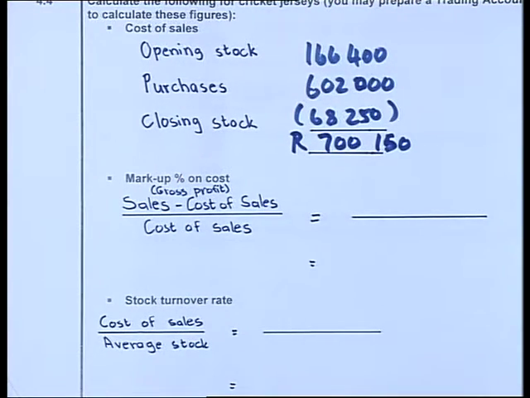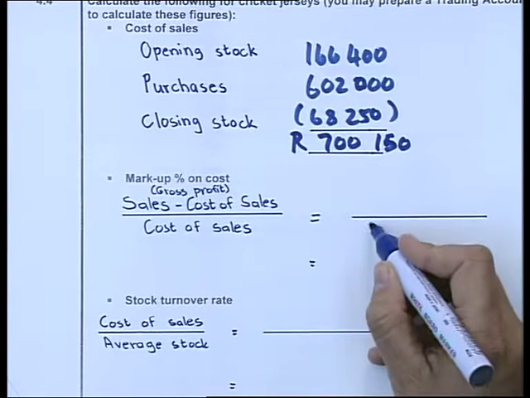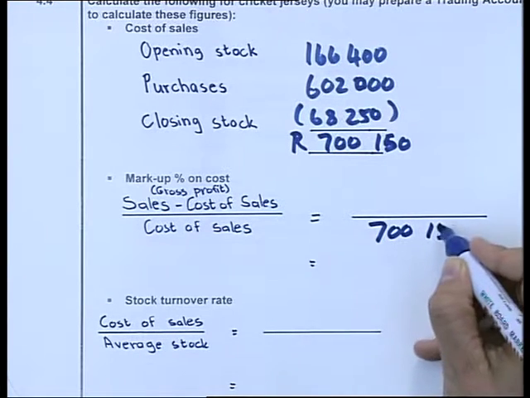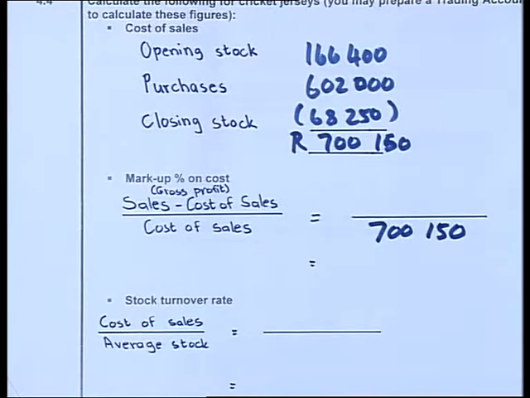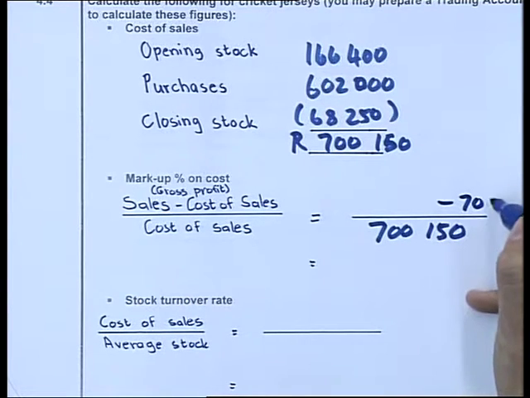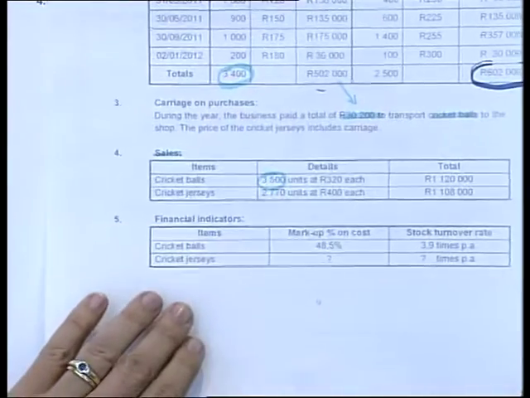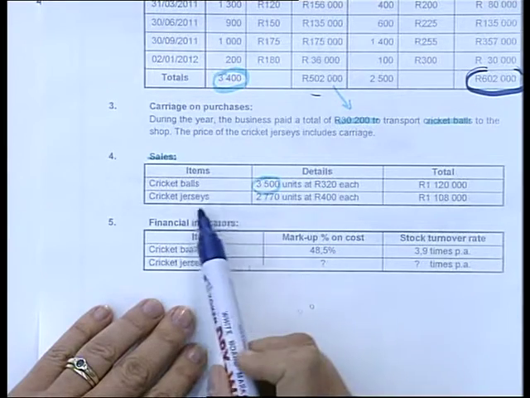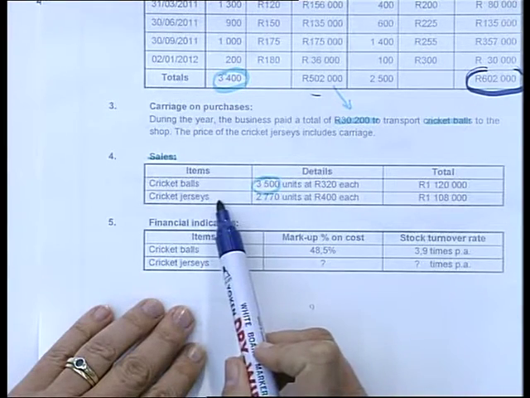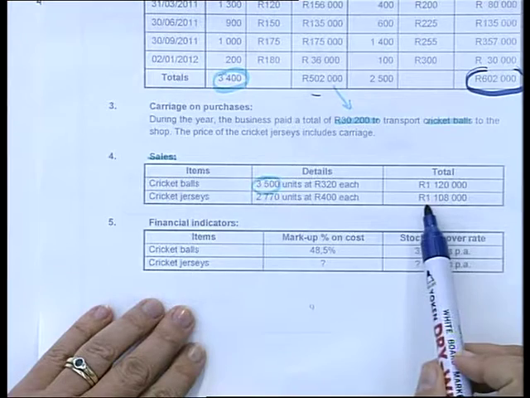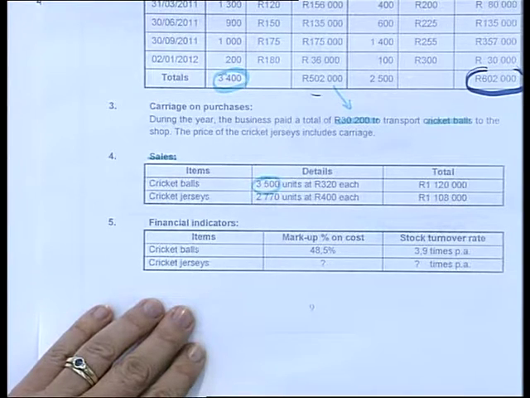Okay. So the next question now asks, what is the markup on cost? Now we've just calculated the cost of sales, so we can go and write that in there immediately. But we don't have the gross profit. Now gross profit is calculated by saying sales minus cost of sales. Okay, but what's the sales? Let's search for that. Here under sales, what are we working with? Not the cricket balls, but the cricket jerseys. The total amount for sales is given as 1,108,000.